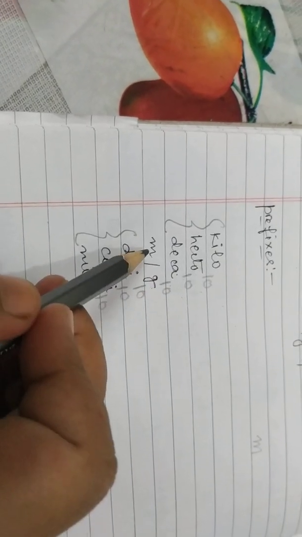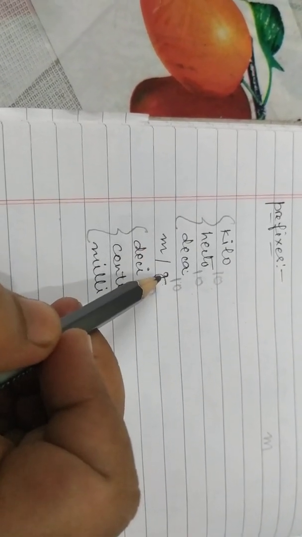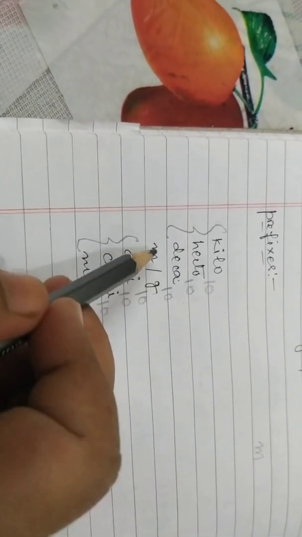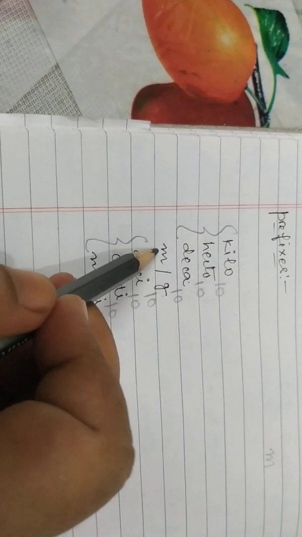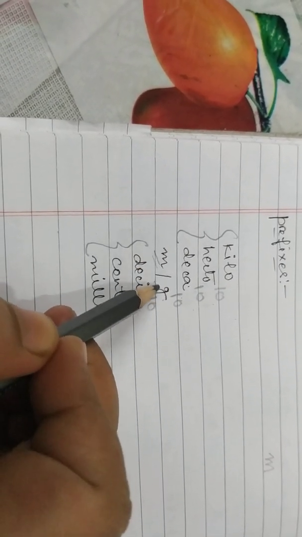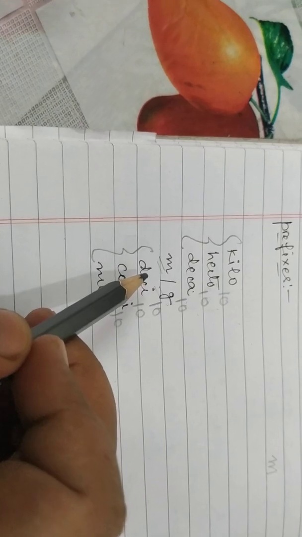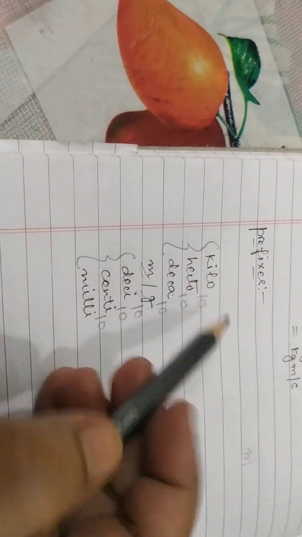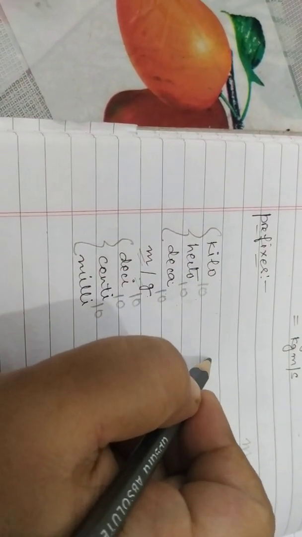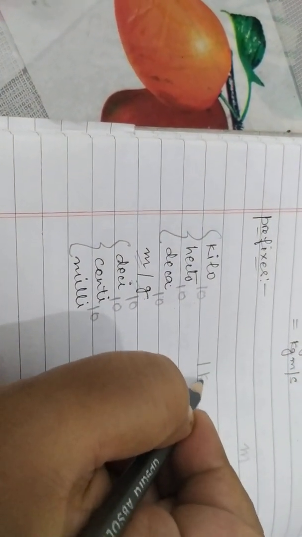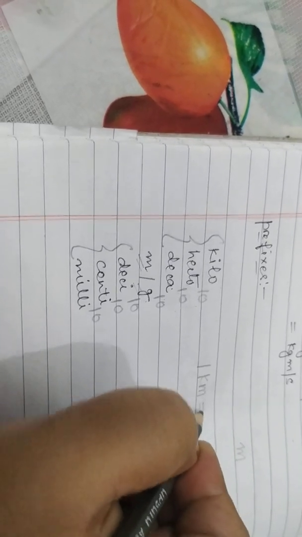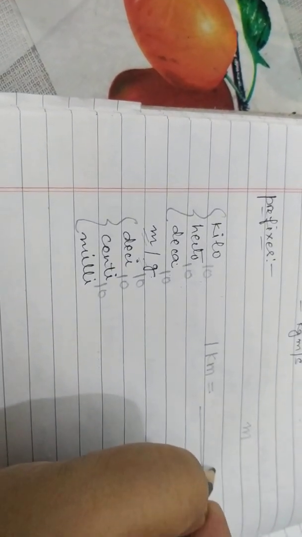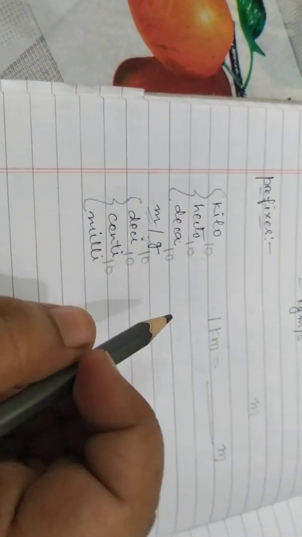See here I have written meter oblique gram. Whatever unit we are using, for length it will be meter and for mass it will be gram. Now let us talk about meter only. 1 kilometer will be equal to how many meters?